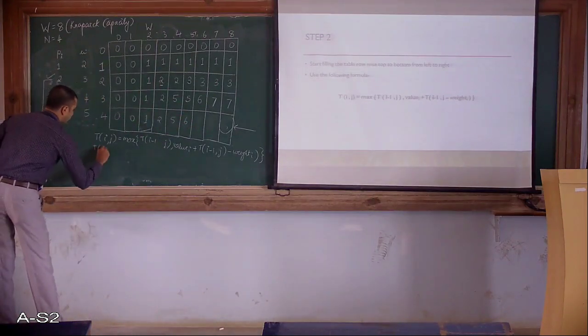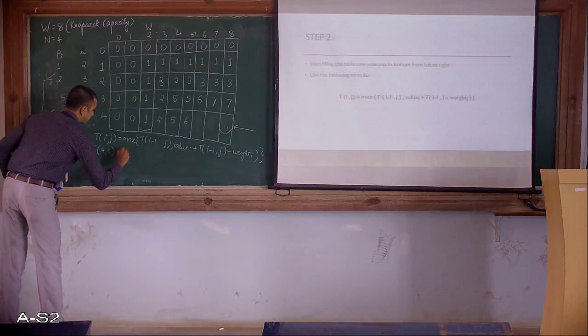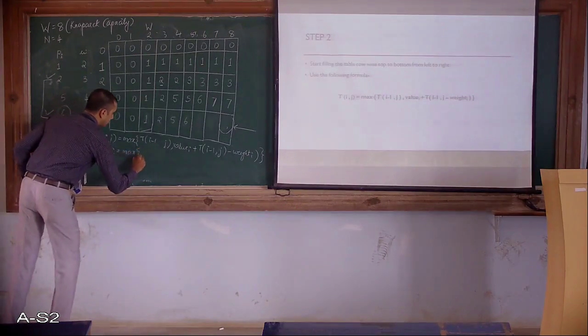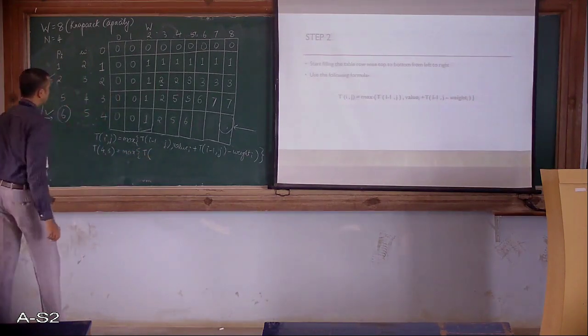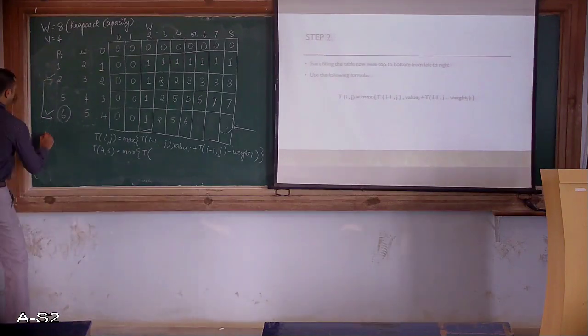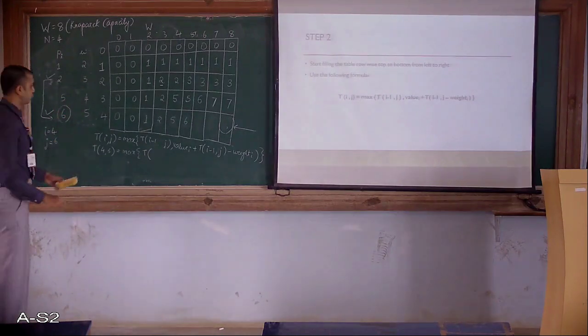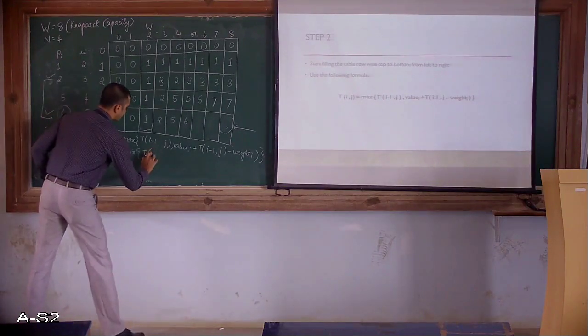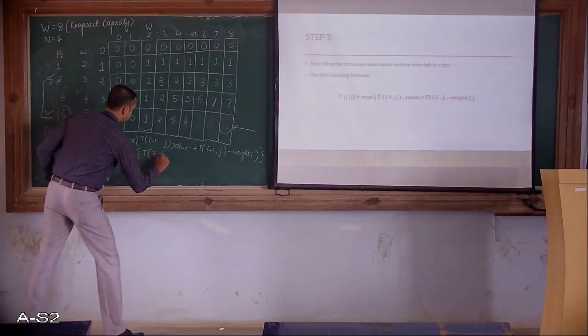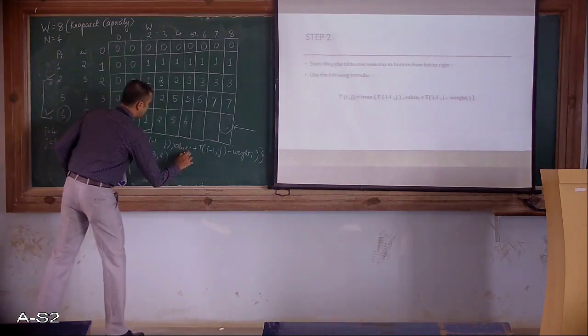So t of 4 comma 6 is equal to maximum of t of, what is the value of i? i value is 4, j value is 6. So 4 minus 1 is 3 comma 6, comma value of i.